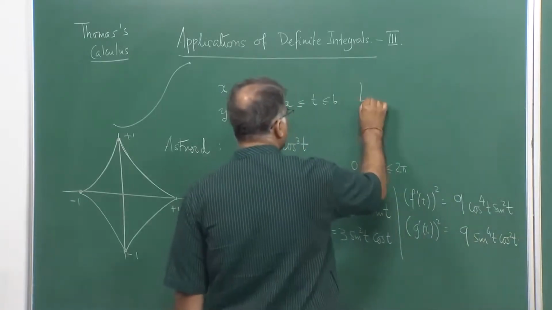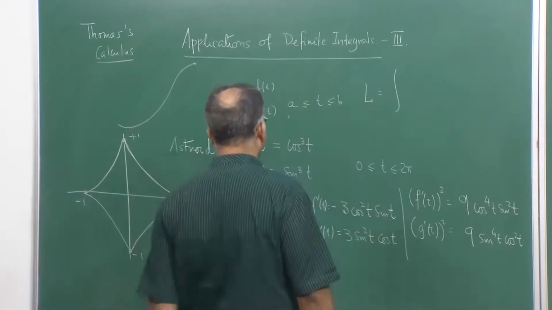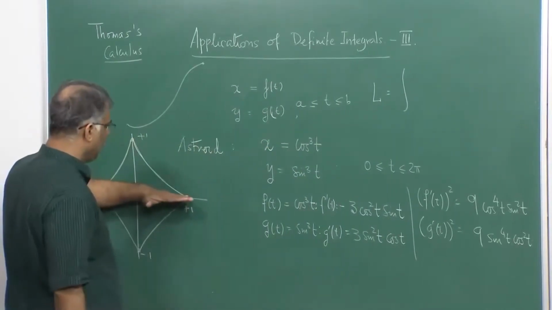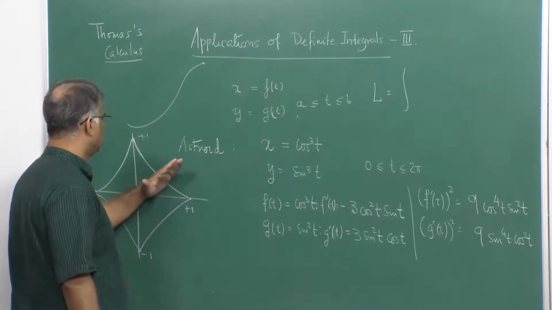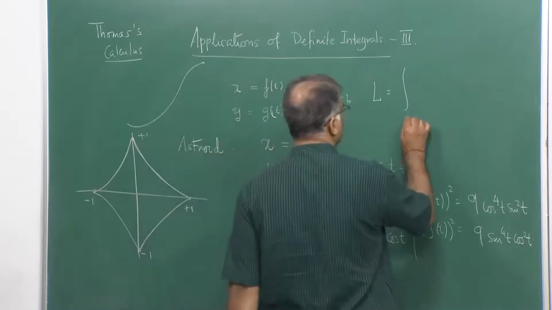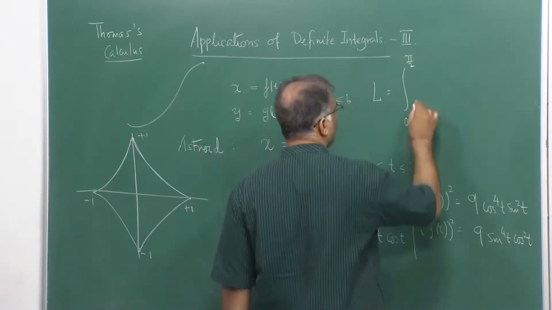So, my length, which I just only want to find from where the angle is in the first part, the angle varies from 0 to pi by 2, that is 90 degrees.